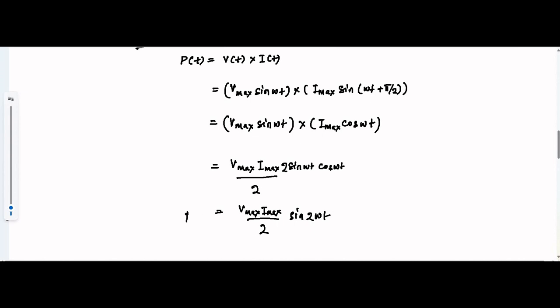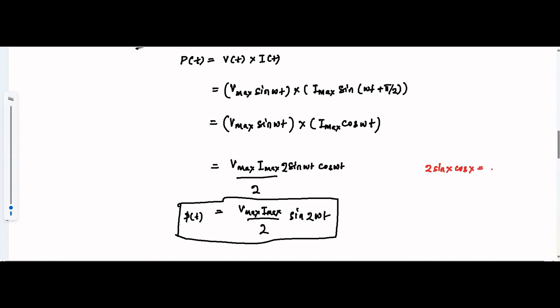So this is the expression of instantaneous power. Here we have used the trigonometric identity 2 sin x cos x is equal to sin 2x.